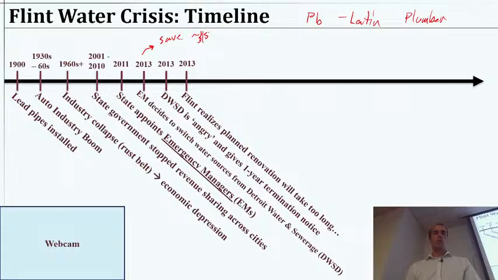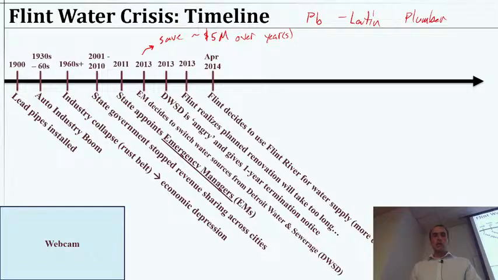Might have even been $5 million per year. So maybe 1 year, maybe a few. But their target was to save some money on doing water for themselves. So given that their initial renovation plans were going to take too long, in April 2014, they decide to use the Flint River.